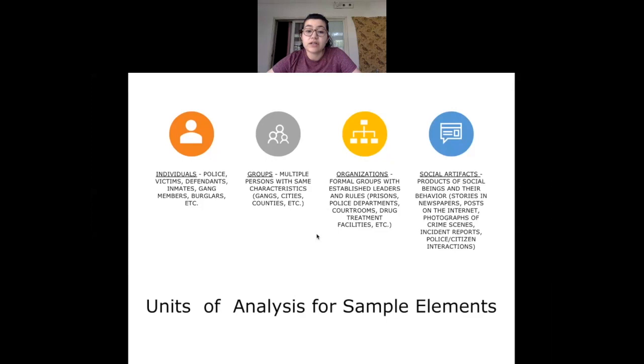Now, if we're talking about gangs or cities or counties, like more geographic areas that compose individuals, but have their own characteristics, they have their own laws, they have their own organizational structures, we're talking about units of analysis that have their own goals specifically, right?